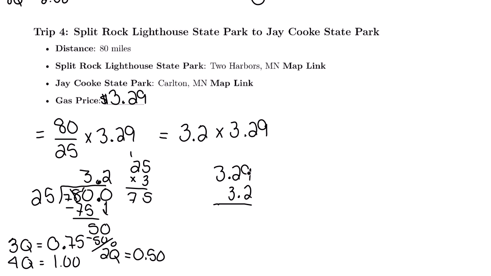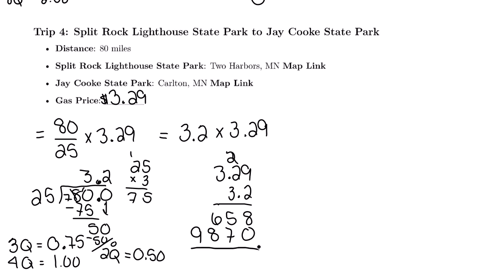So let's multiply. 9 times 2 is 18. 2 times 2 is 4, plus 1 is 5. 2 times 3 is 6. We need to add a 0 here. 3 times 9 is 27. All right. 3 times 2 is 6, 7, 8. 3 times 3 is 9.